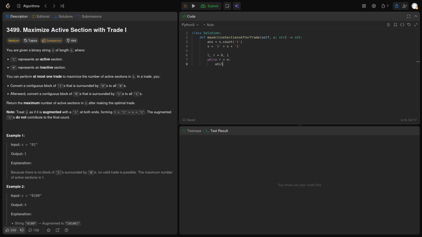So first, while r is less than n and s[r] is 1, then r plus equals 1. So this is what we are interested in. So that's L0, or like index 0 0.